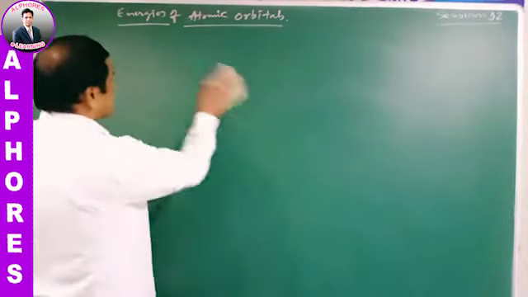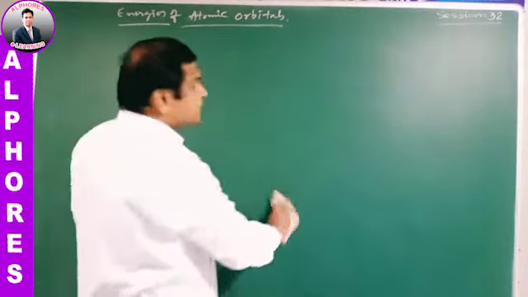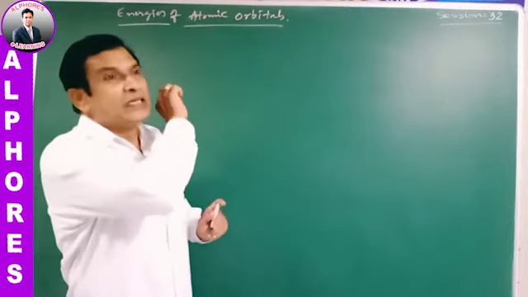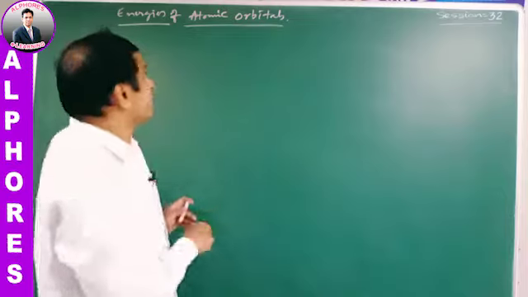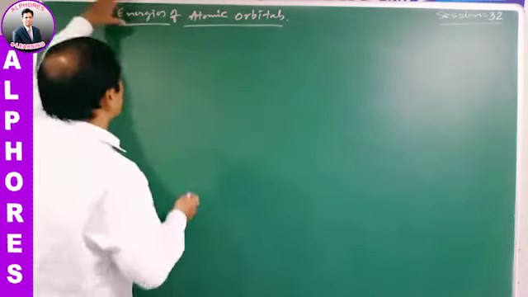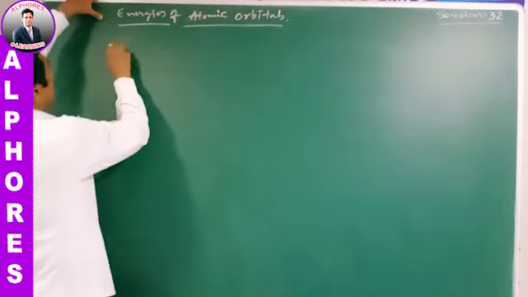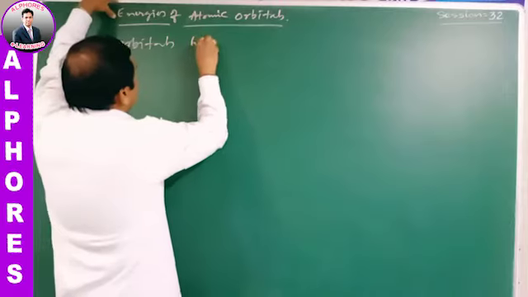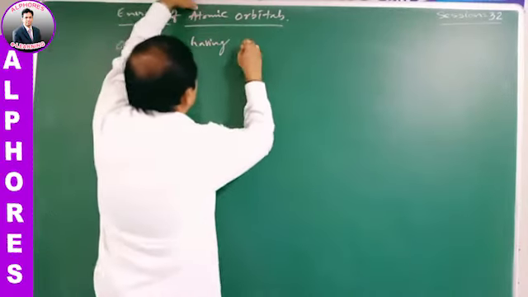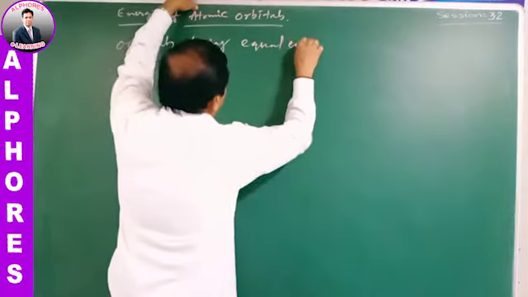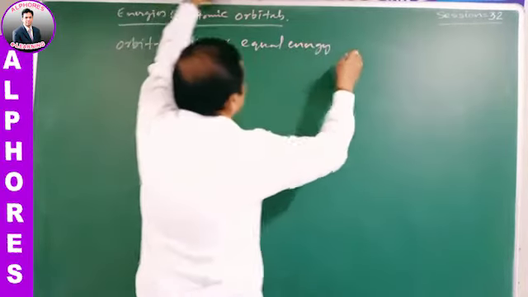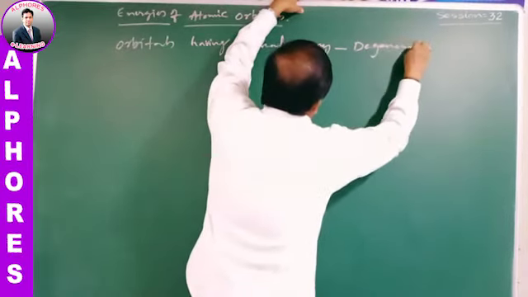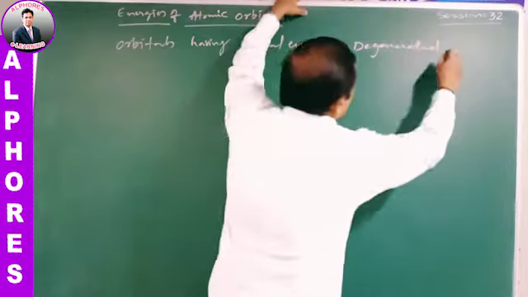Now, energies of atomic orbitals. What are degenerated orbitals? Orbitals having equal energy are called degenerated orbitals. That point should be remembered. Let us write: degenerated orbitals having equal energy are called degenerated orbitals.